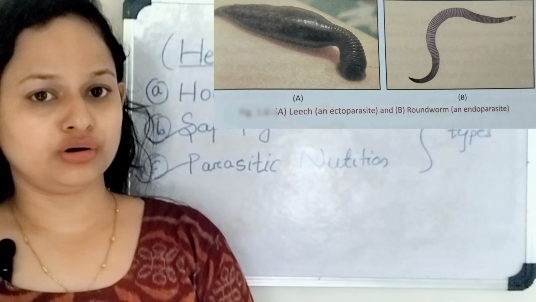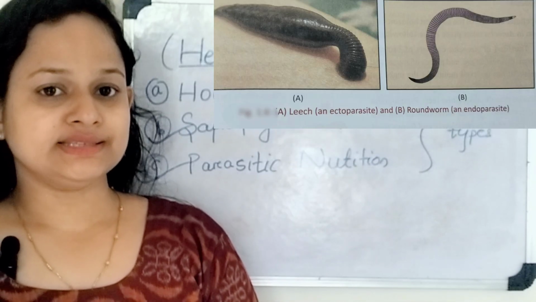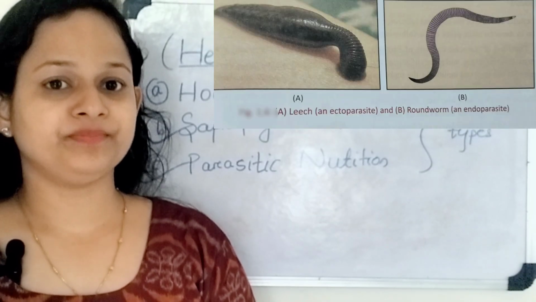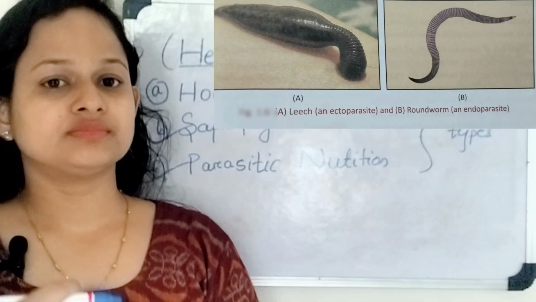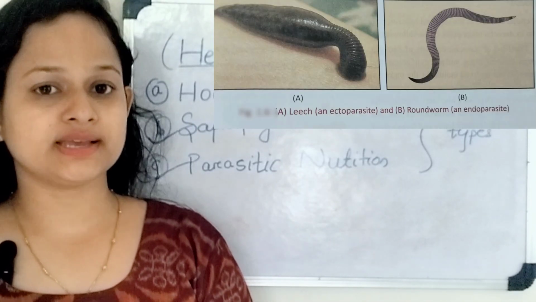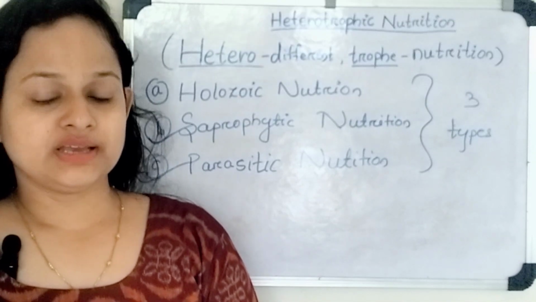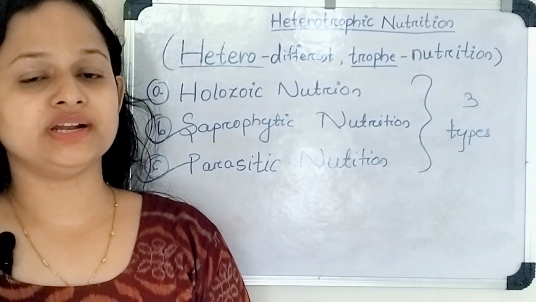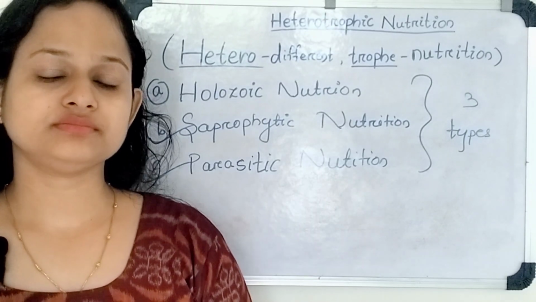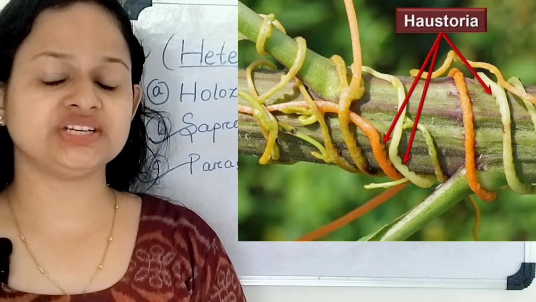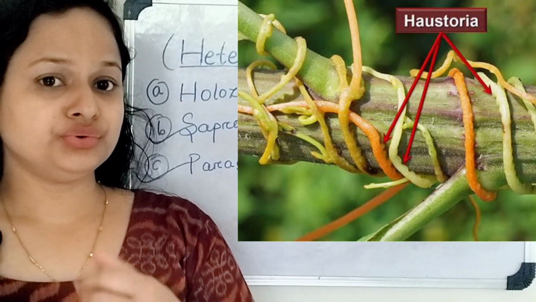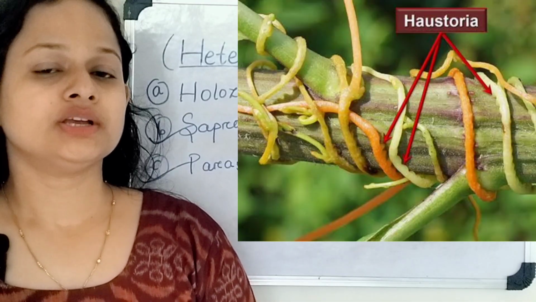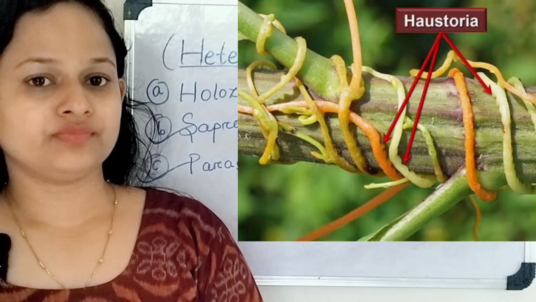We can take the examples of ectoparasites like lice, mosquito, leeches, tapeworm, etc. And in the case of endoparasites, we can take the examples of ascaris, trypanosoma, leishmania, etc. If we take an example of a parasitic plant, it is Hosteria, a non-green plant which grows sucking roots that enter into the stem of the host body, and it acquires its food and nutrients from the host body.